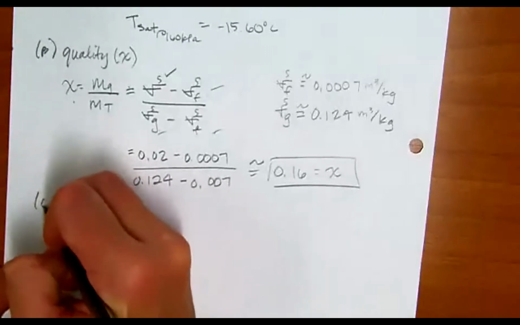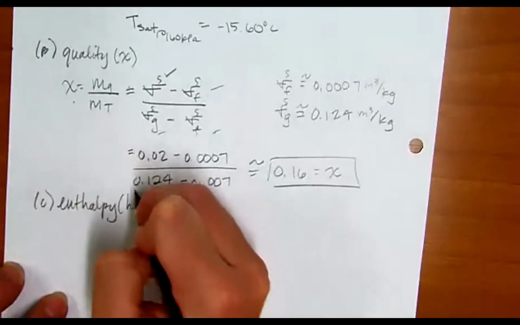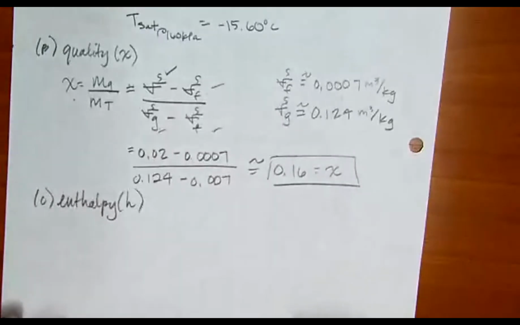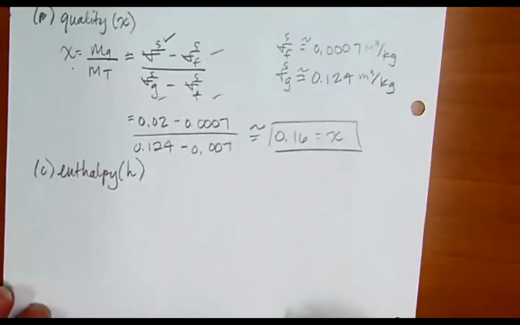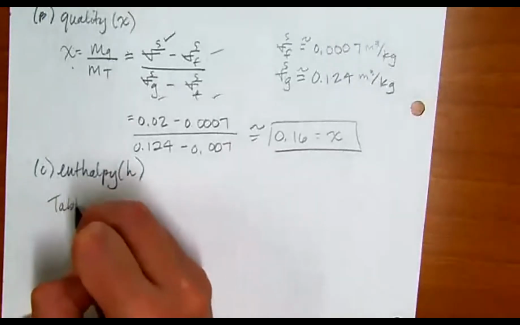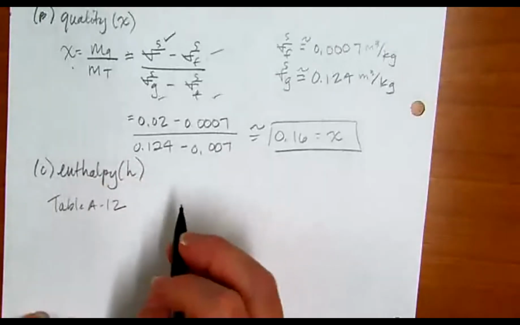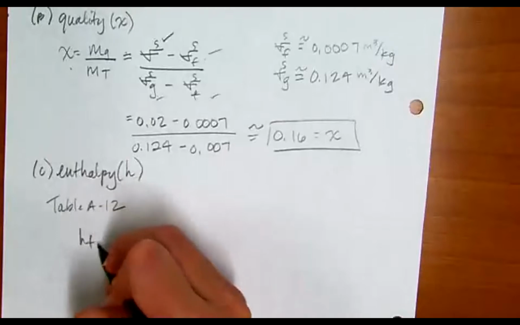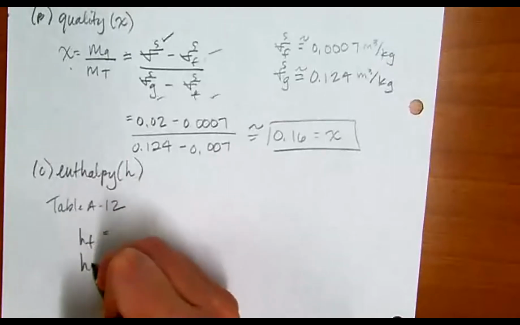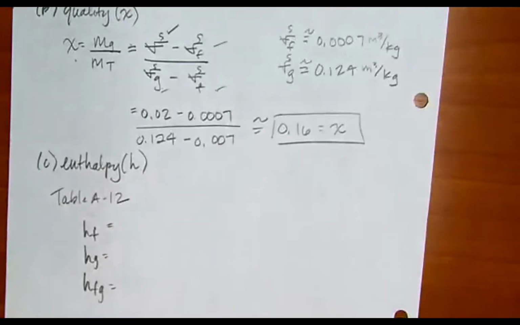So now we want to solve for enthalpy, which is our heat content, H, specific enthalpy. And when we look up enthalpy, we can look it up in the same table, table A12. Here we have our enthalpy of our liquid, our enthalpy of our gas, and for enthalpy, we're also given our enthalpy of our liquid vapor region.